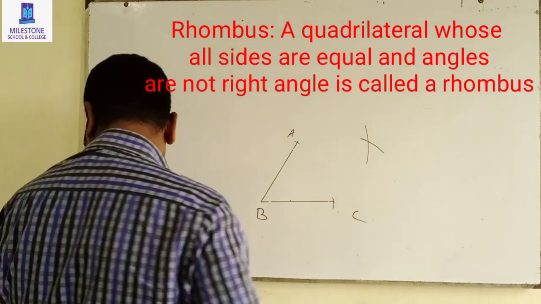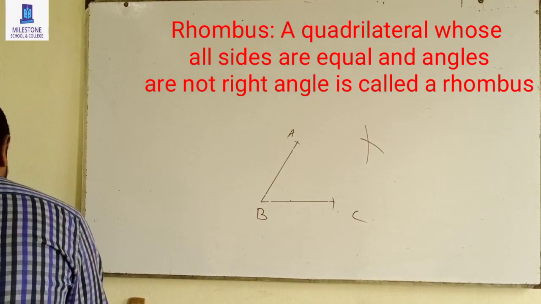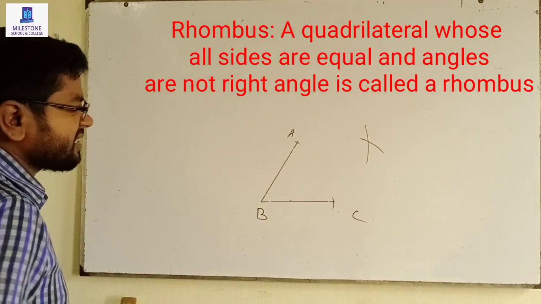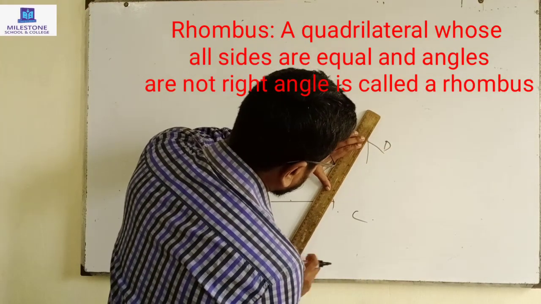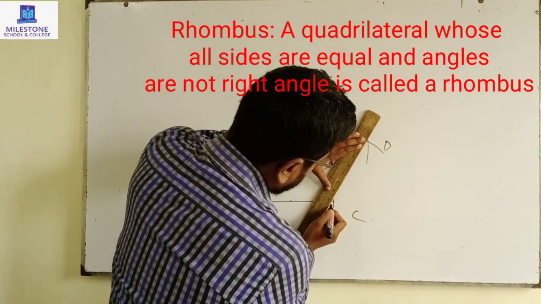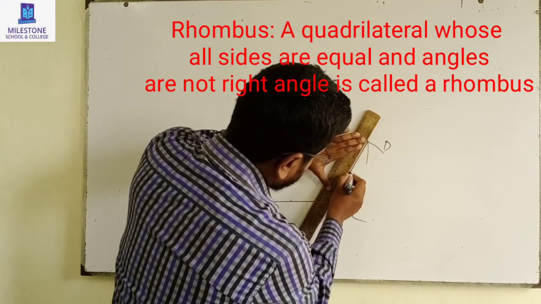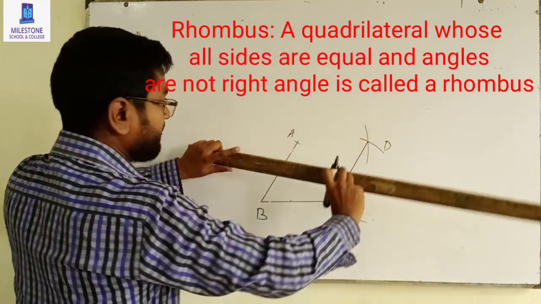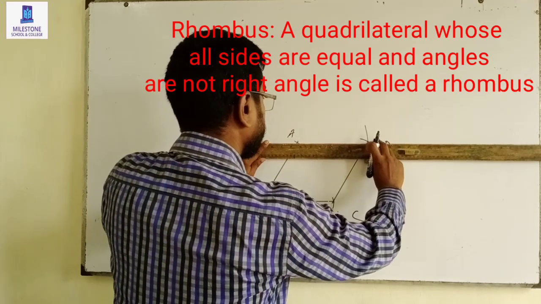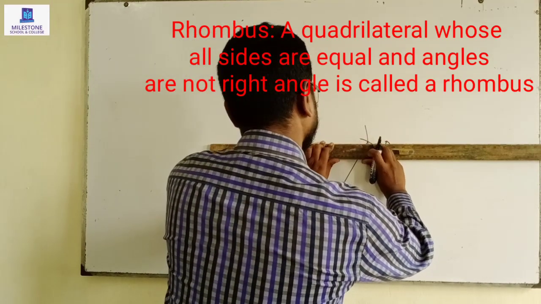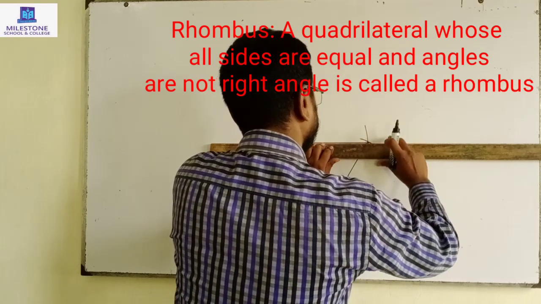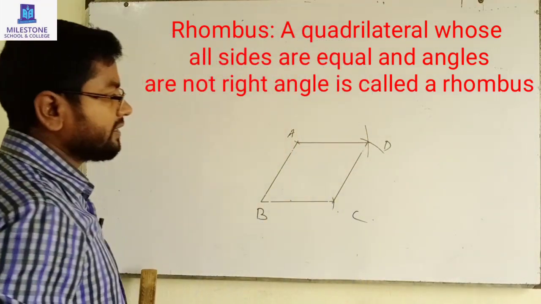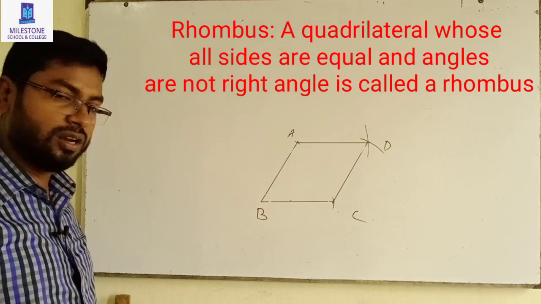Now we will add this point, D, and join DC, and there we will add another line, A and D. Now see the figure. This figure is called a rhombus.